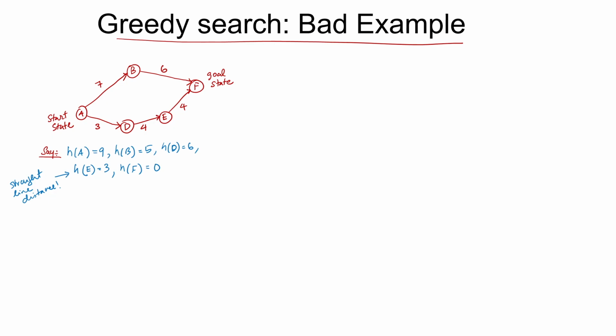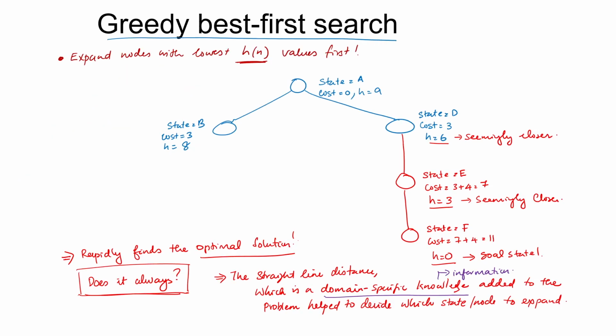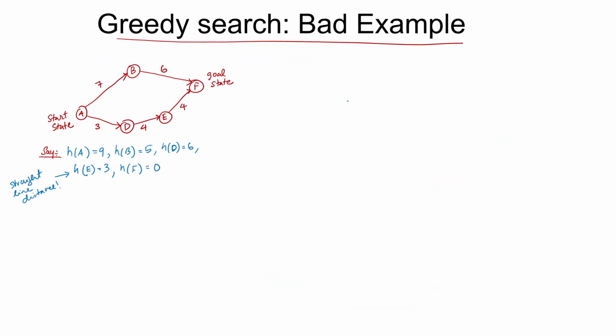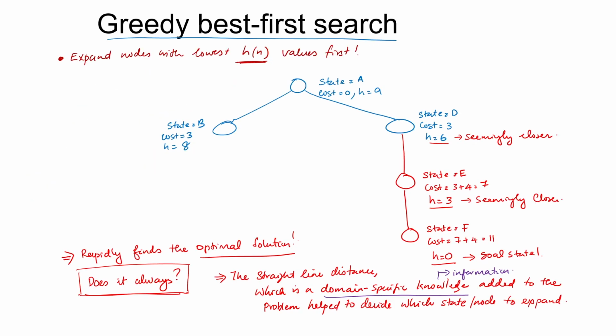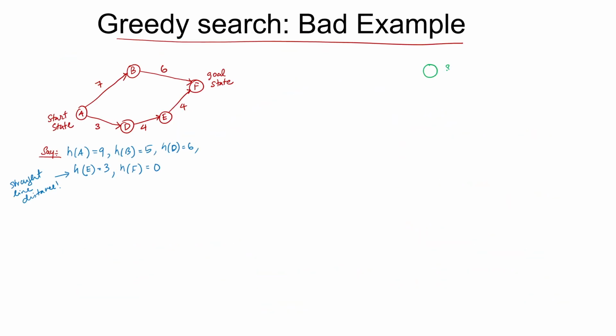Now, the starting point is, if you remember the previous evaluation, the state is A and the cost is 0 and H is 9. So, let us try to expand this network. The start node is the begin, where the state is equal to A, the cost is equal to 0, and the heuristic is equal to 9 at this point.